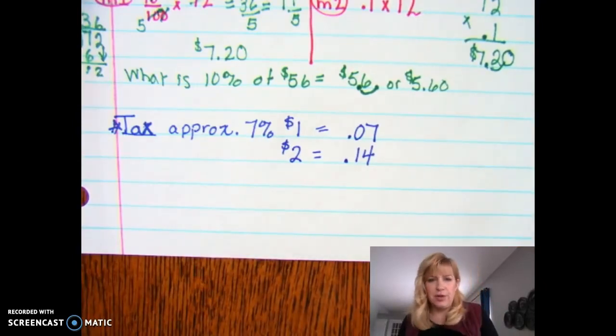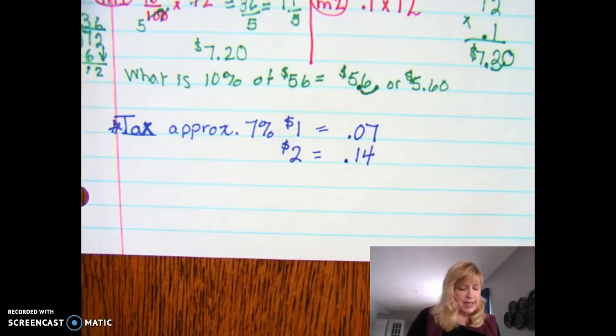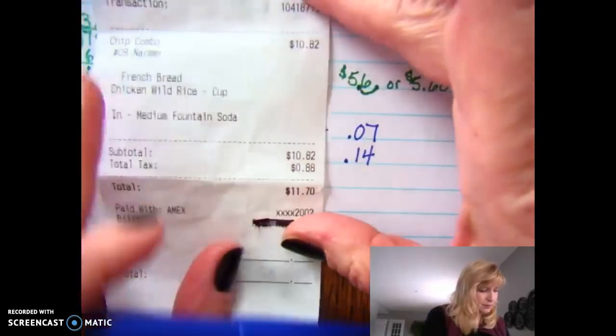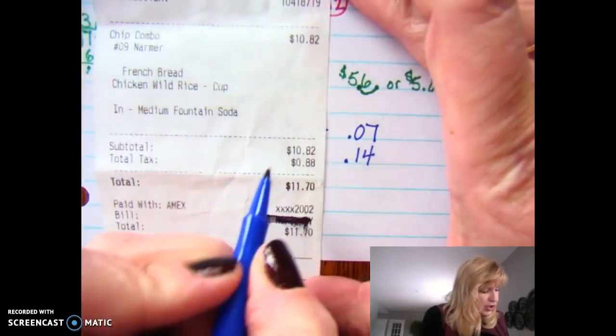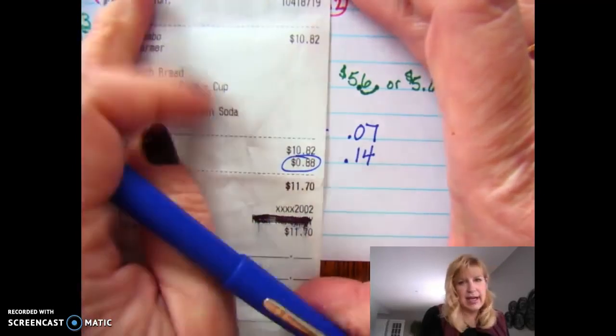And I wanted to show you the receipt that I have here. You'll notice that it is $10.82, and they charged 88 cents in tax.